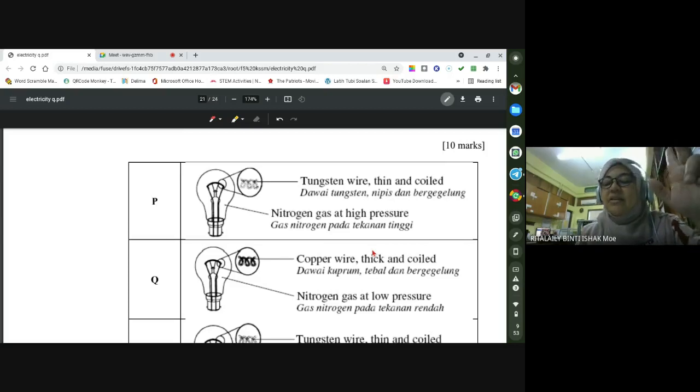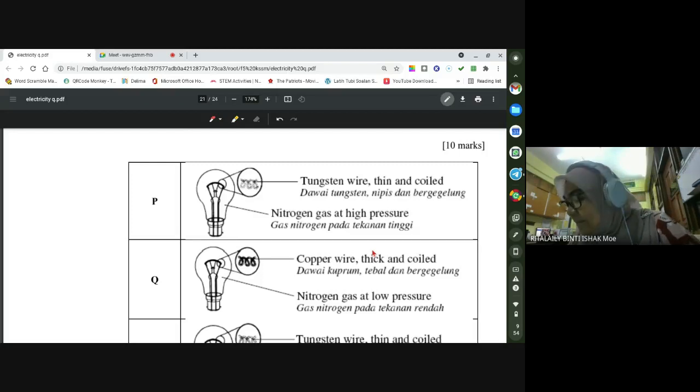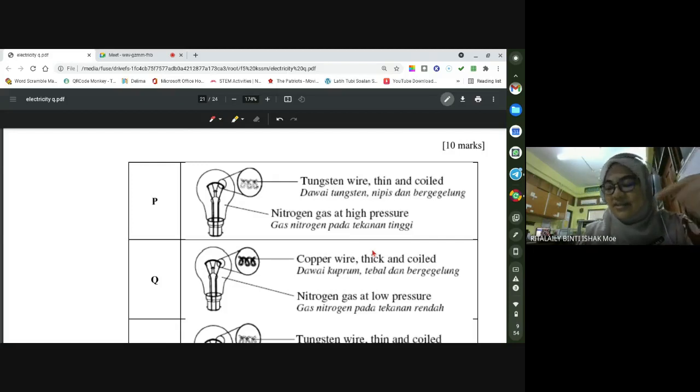As for the thickness of the wire, we need to use thin wire. Why thin wire? Yes, Jason, why do you choose thin wire? Yes, due to the high resistance.